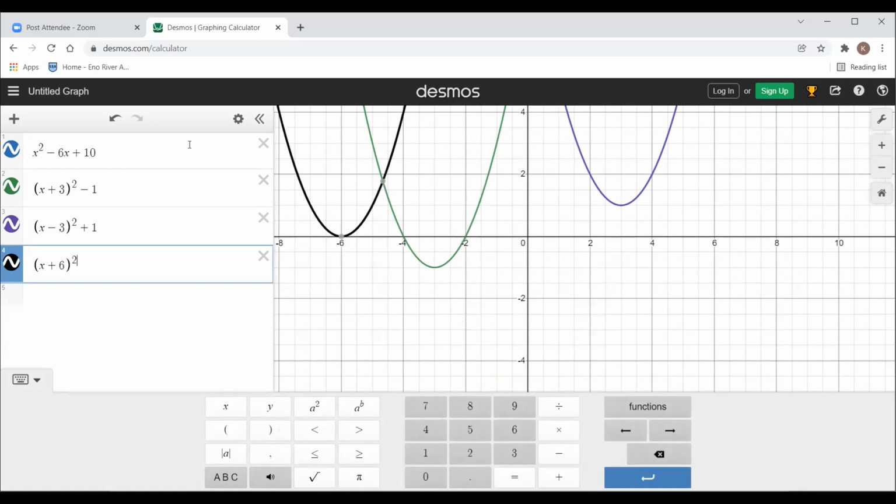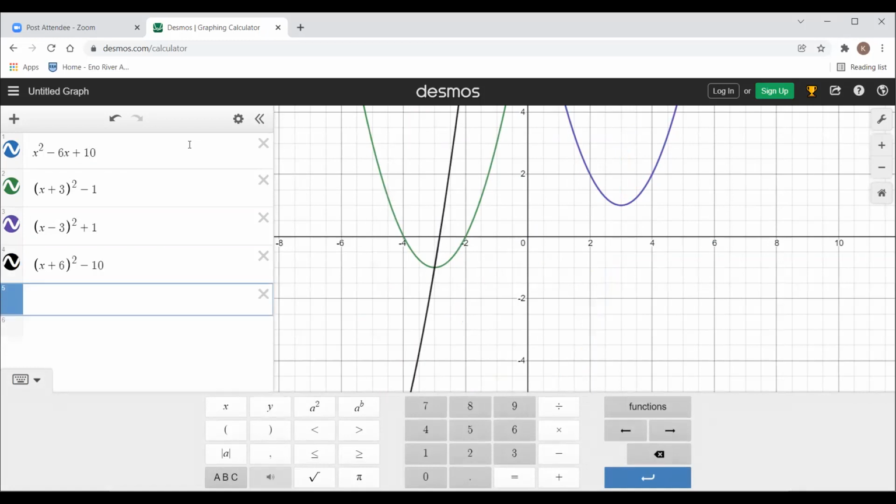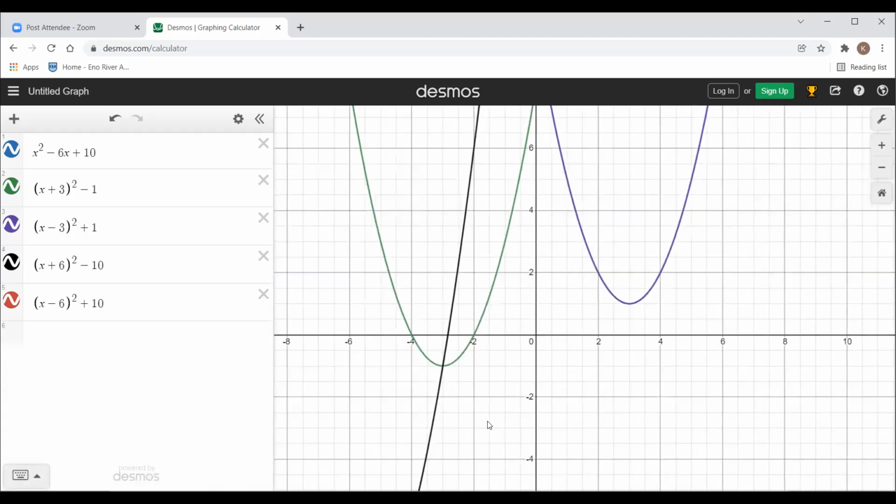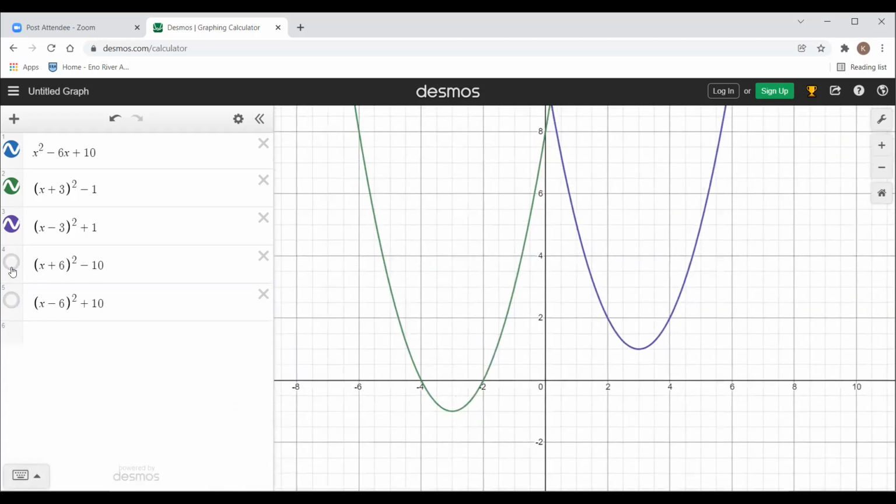Anyone figured it out yet? Okay. So we graph the original problem. There's the original problem. Is it the first answer choice? No. Is it the second one?